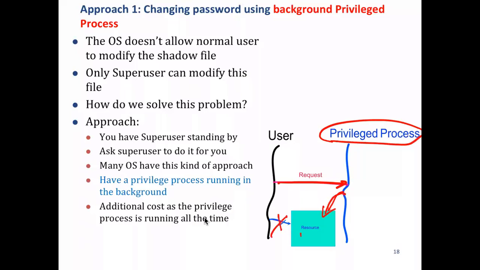This may be a password file or any other resource. Corresponding to a resource, there will be a privileged process running to do a special task. This was used in many OSs earlier, but it means that for every privileged operation you have to run a process. This may be very expensive, so this method is also not used.